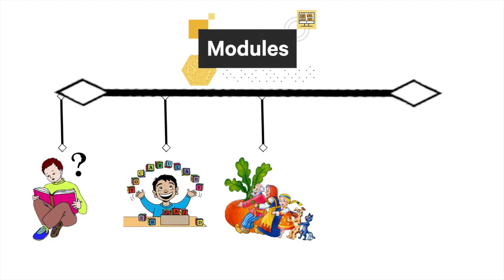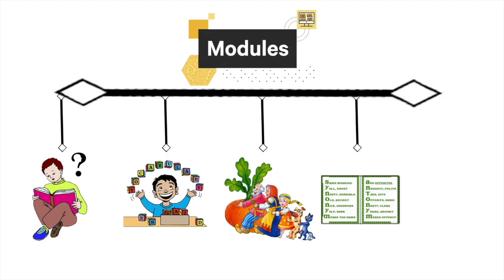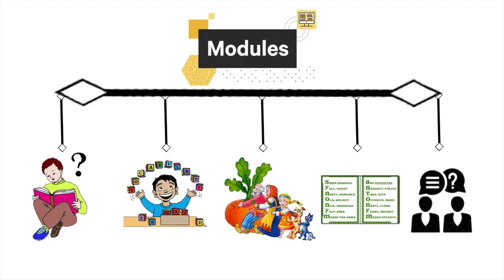In Russian it is called Repka. After that, we will discuss the story. After that, we will find out the synonyms and antonyms of the words. And the last part will be the question and answer session.